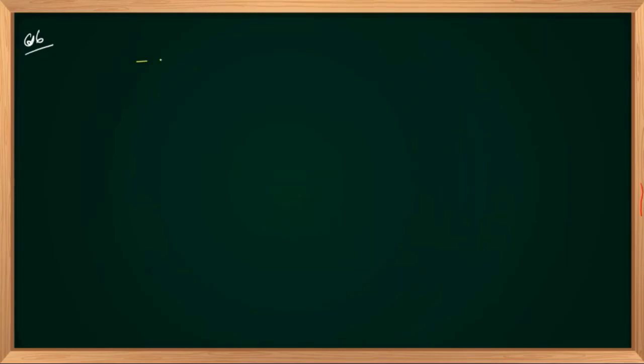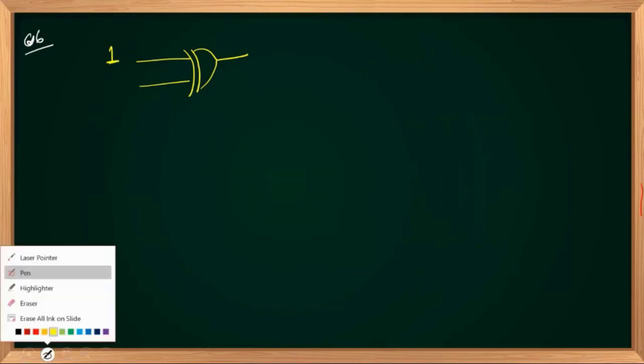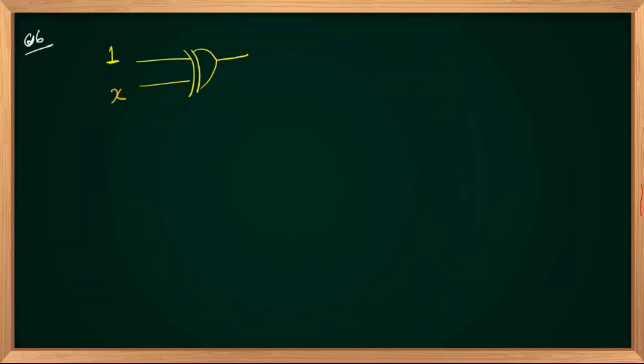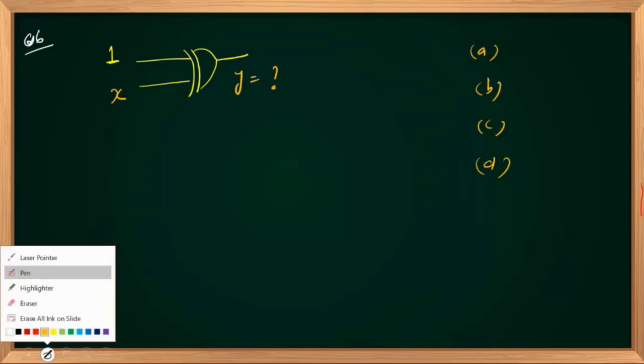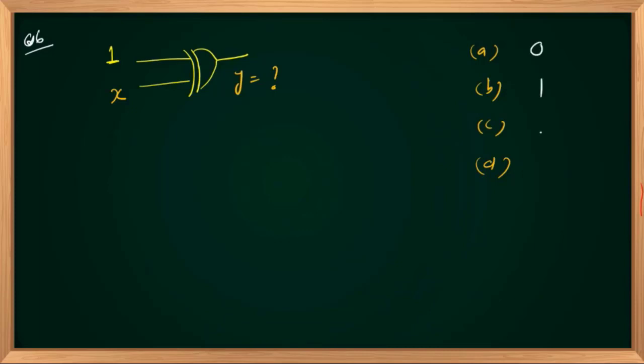Okay. So I have one XOR gate, right? One input is 1, another input is X. Don't worry. You should identify the value of Y, and you are given 4 options: 0, 1, X, X complement.